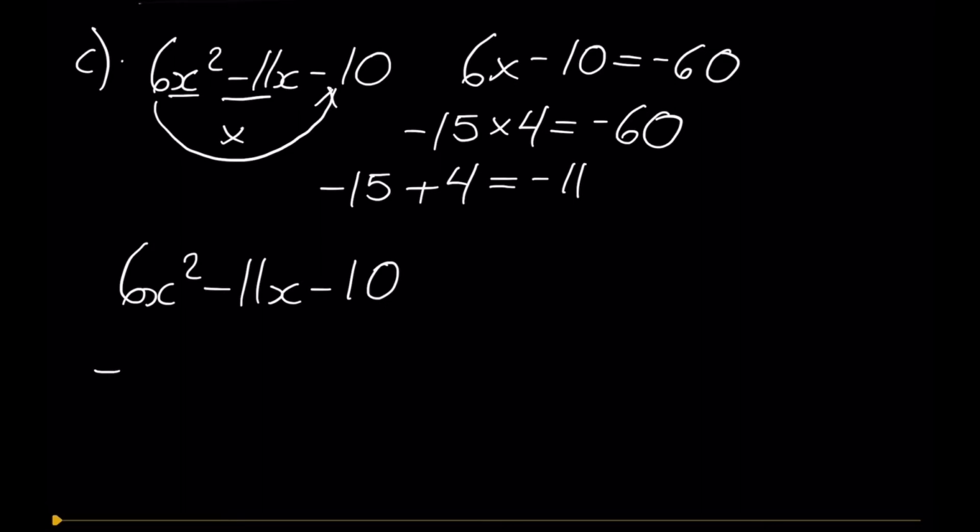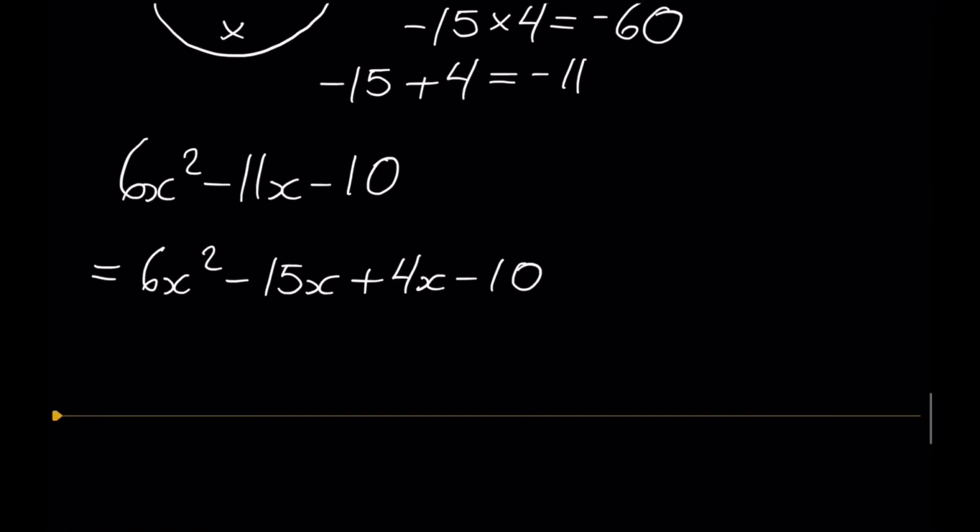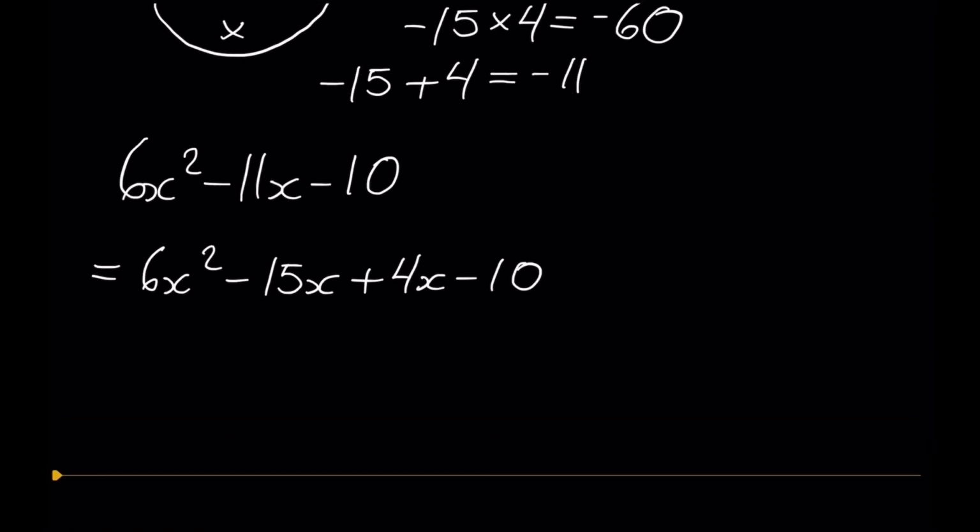You can rewrite 6x squared minus 11x minus 10 as 6x squared minus 15x plus 4x minus 10. And now we factorize this whole expression in pairs of terms, so the first two terms and the last two terms, as we did before. The common factors of 6x squared and minus 15x will be 3 and x.